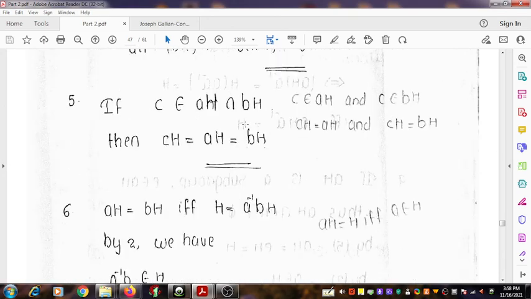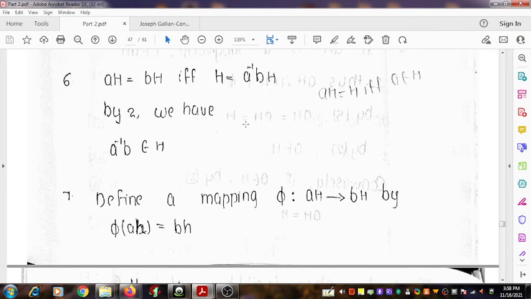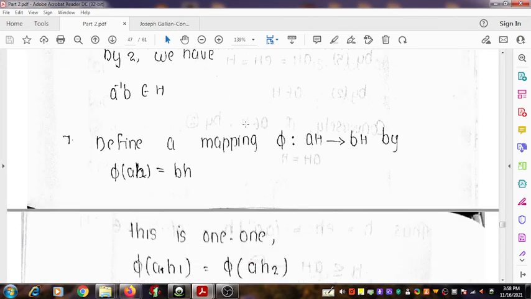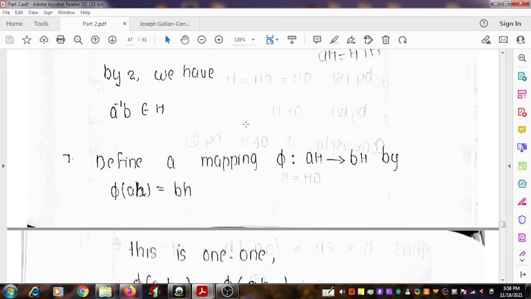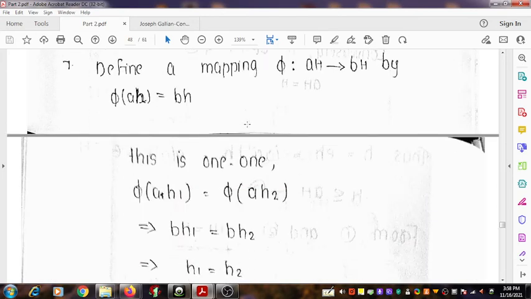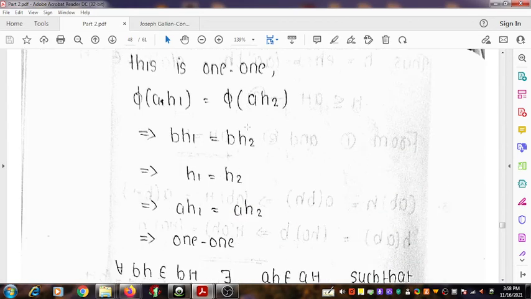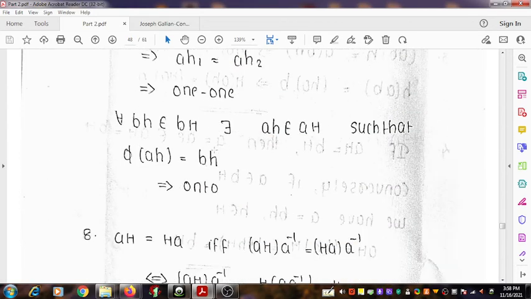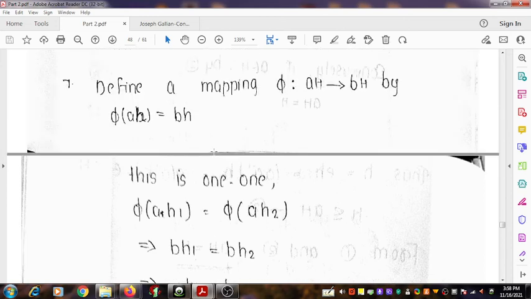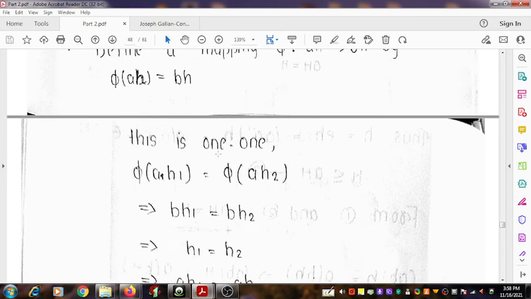Something more is required here. We define a mapping, a function from H to AH, and then we show that this function is one-to-one and onto.